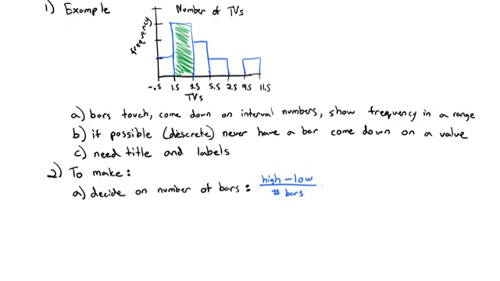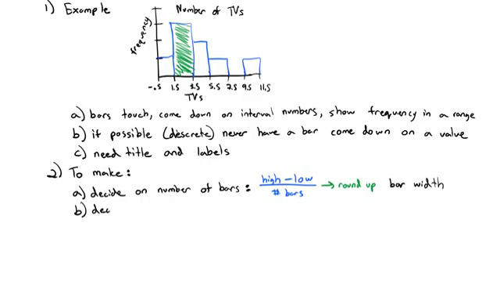And then whatever that number is, we will round up. And that will give us the bar width, how wide each bar should be. Now, it's important to note we always round up. If it's 3.1, we'll still round up and the bars will be 4. In fact, if it's 3.0, we would still round up to have 4 bars of width 4. We always round up to the next number after this division.